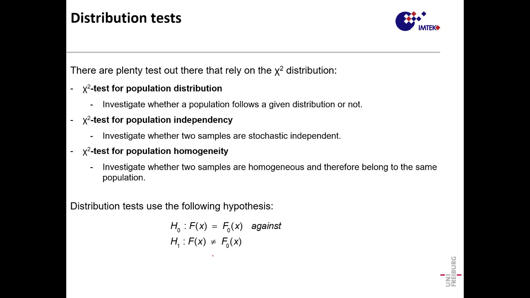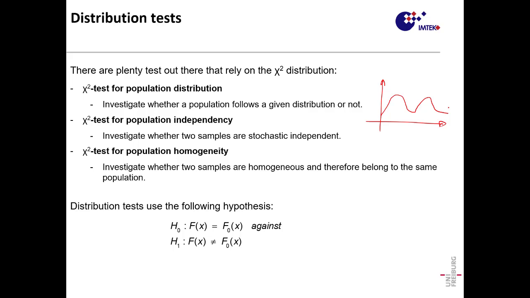Homogeneity means, for example, if you remember the video of the dragons and the wings, the wingspan distribution was something like this. This is not a homogeneous distribution, it looks more like a bimodal distribution. And then you can test if the distribution is homogeneous or not with the chi-square distribution.